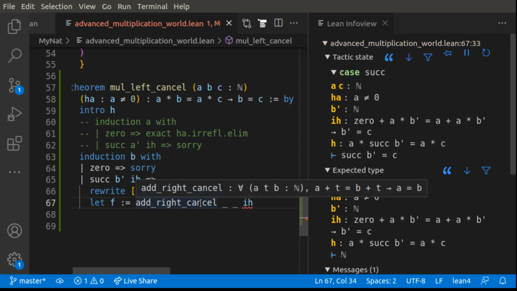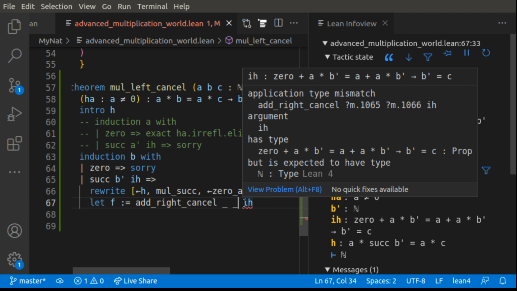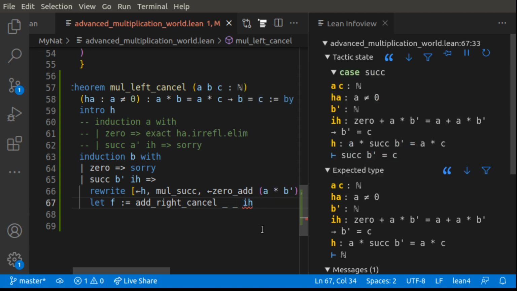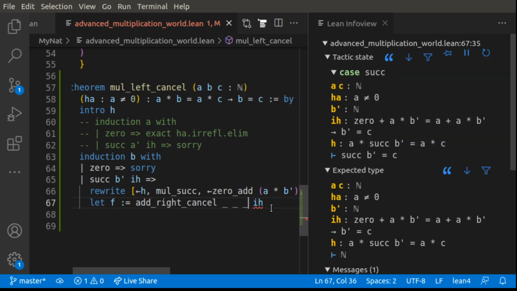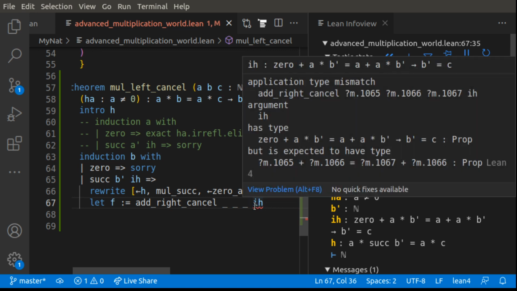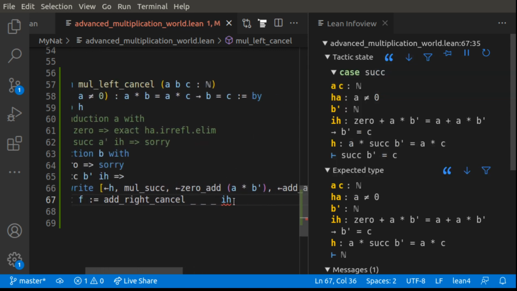Is that not how you do this? Oh, because it's implication. Can I really not get that part out of it?